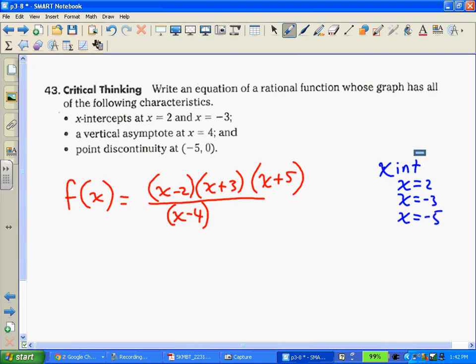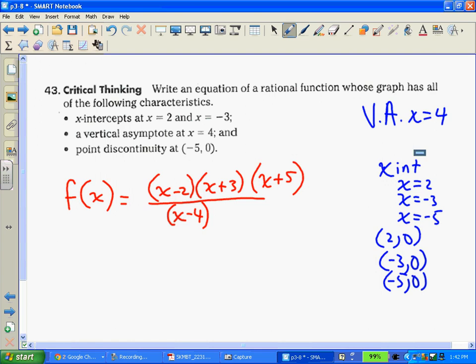That means the points (2, 0), (-3, 0), and (-5, 0) are on this graph. And of course we have a vertical asymptote when the denominator equals 0 at x equals 4.